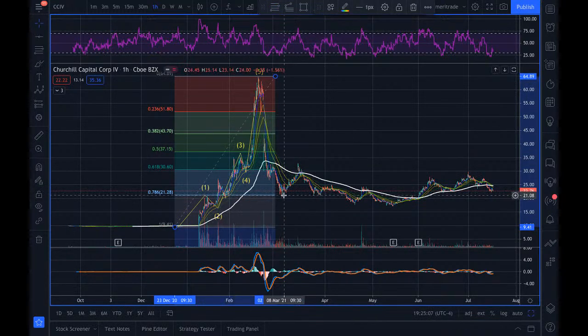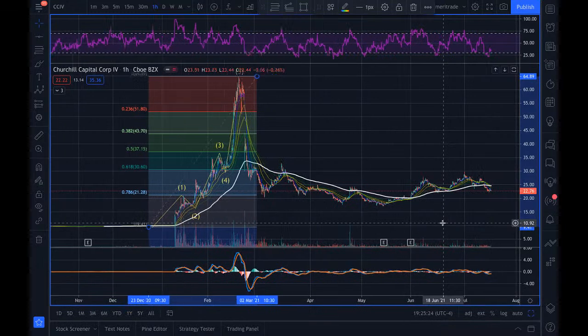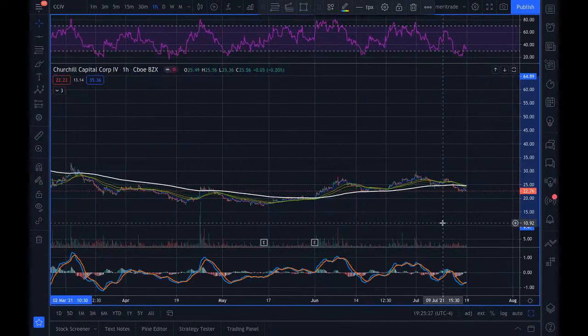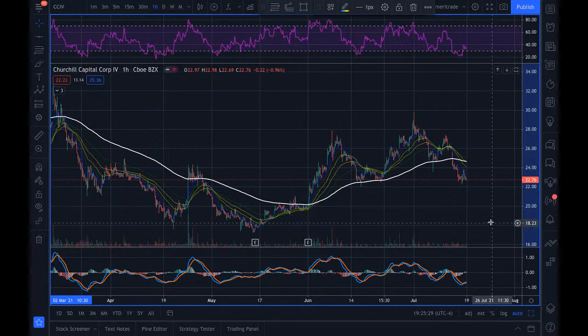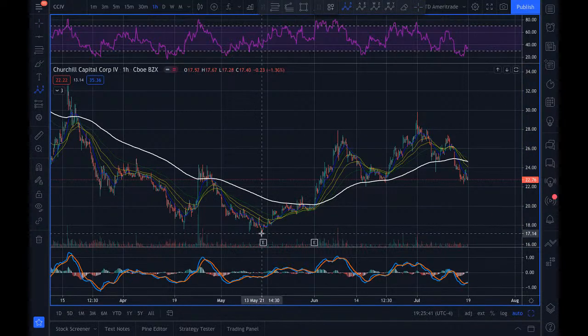So we already came back down to the 786 right there, and we're almost at it again right now. So it could be done correcting, but this could be done correcting.